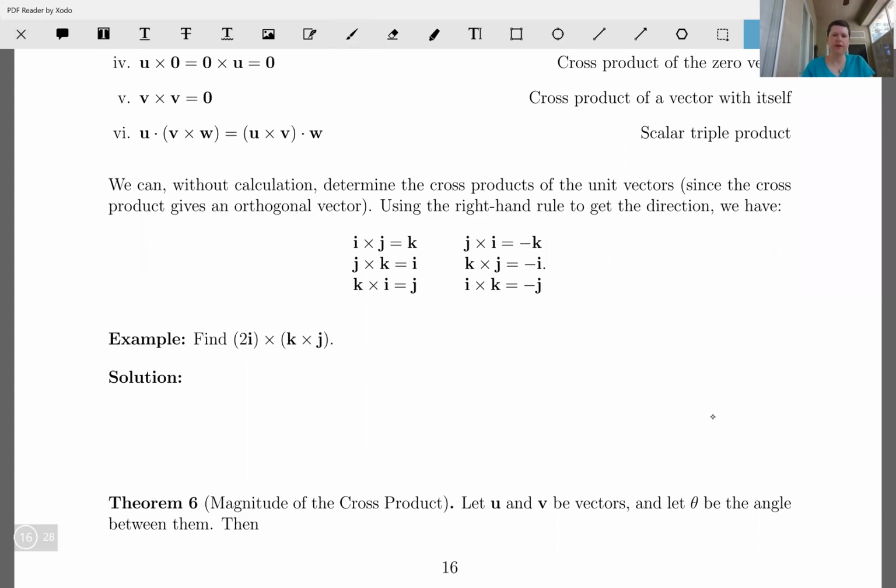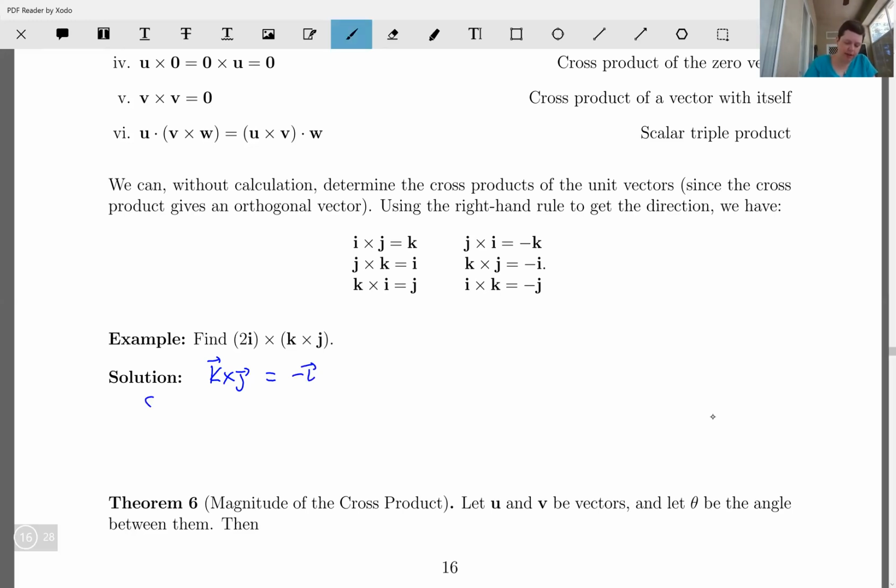So I want to find the cross product of the vector 2 times i with the cross product of k with j. So let's do the cross product of k with j first. We can either look at the table or just think about it: the cross product of k with j means I'm pointing to you, which is the negative x-axis, so I get negative i.